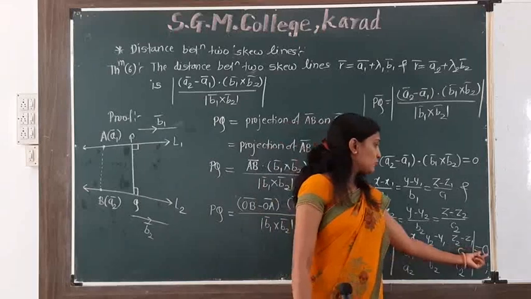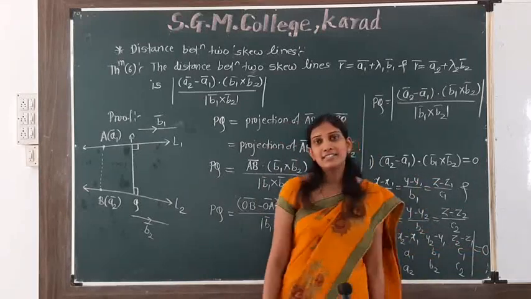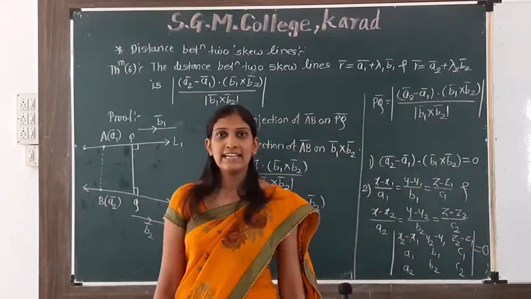If this value is 0, then these two lines are intersecting. This is the second remark.